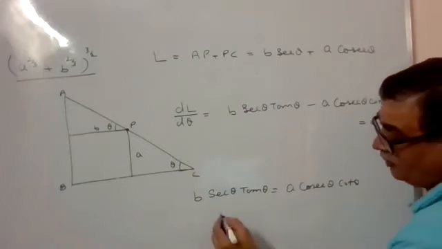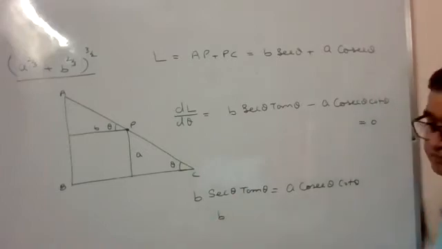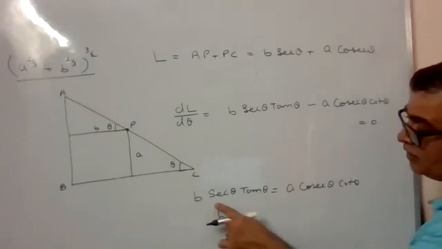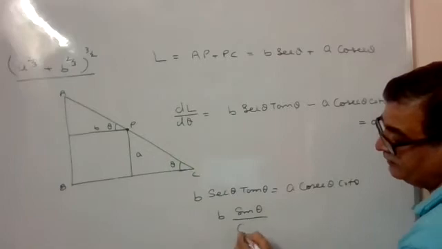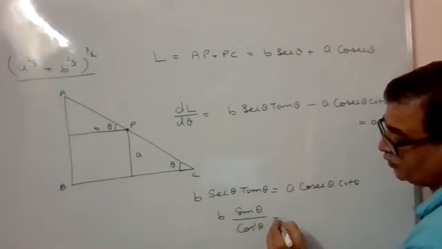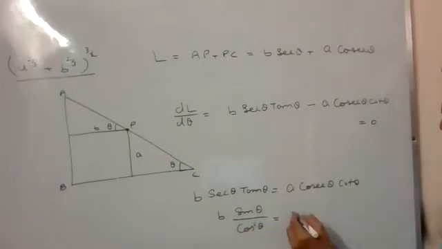Convert in sin and cos: B sin theta by cos square theta equals A cos theta by sin square theta.